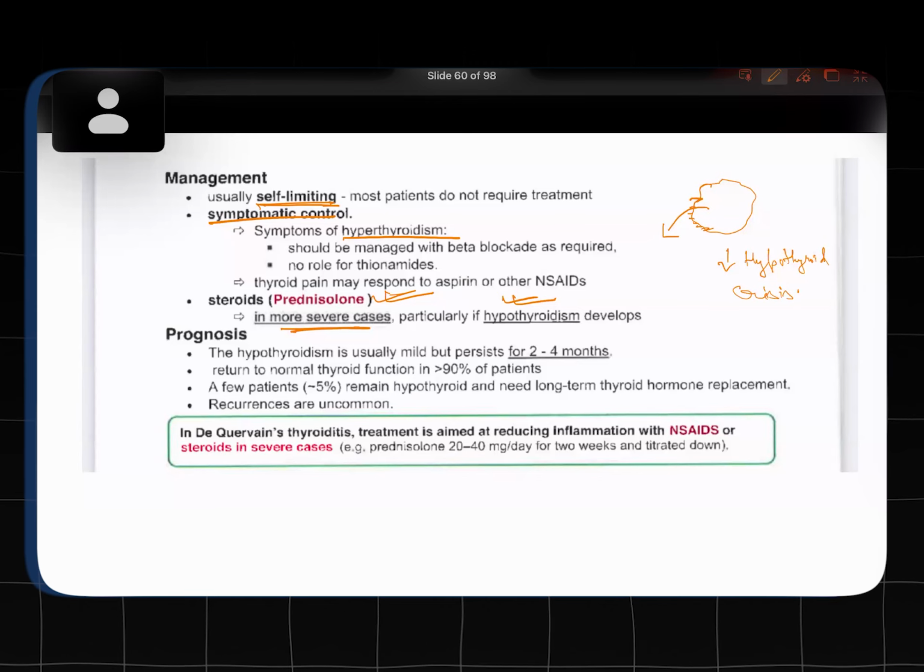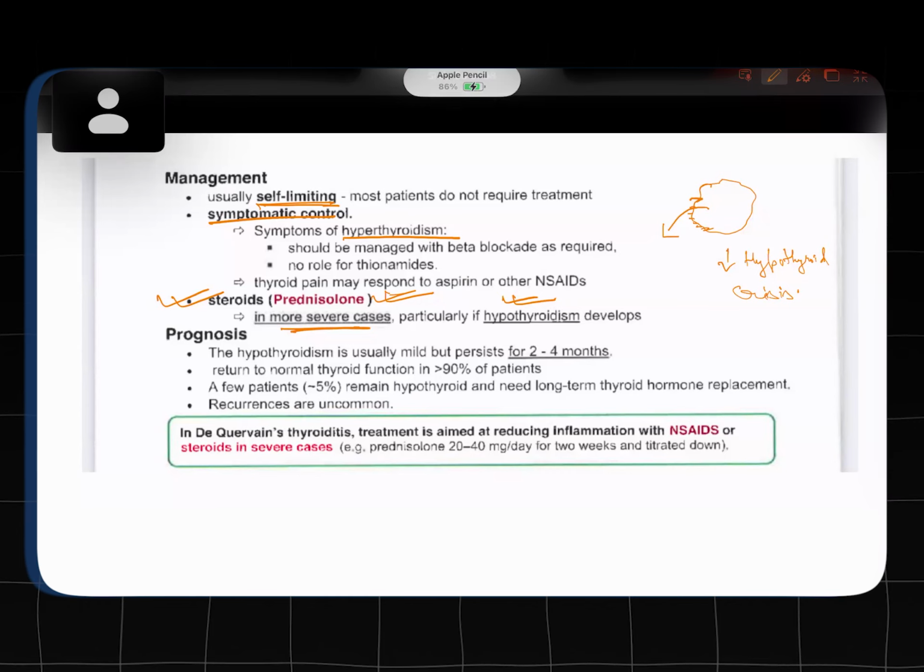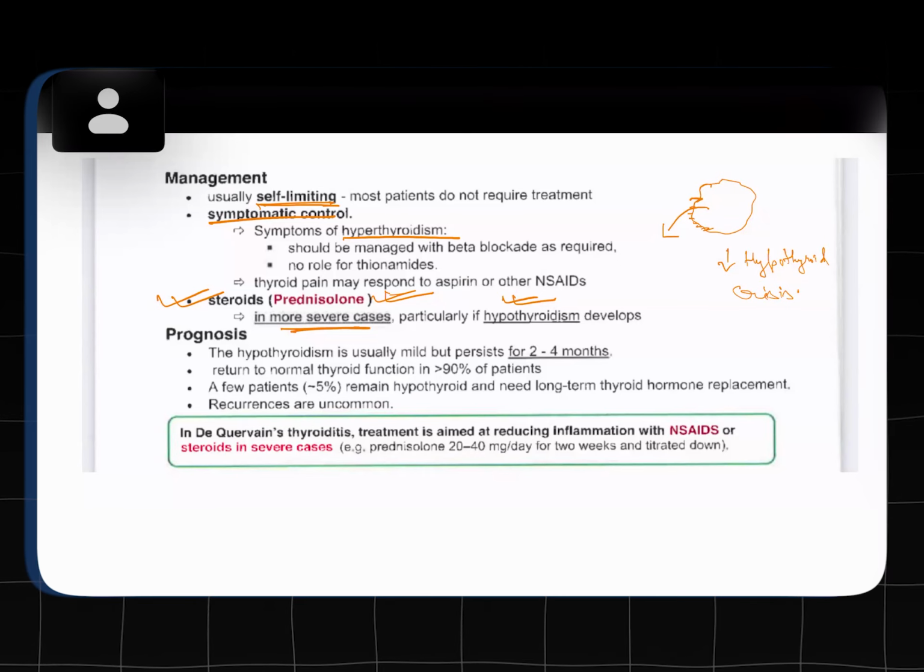And that is why in these cases steroids are recommended. Otherwise, steroids are not needed. Only if the patient is going into a hypothyroid state, what will you do? Use the steroids. Again, they have just highlighted the issue about the treatment.